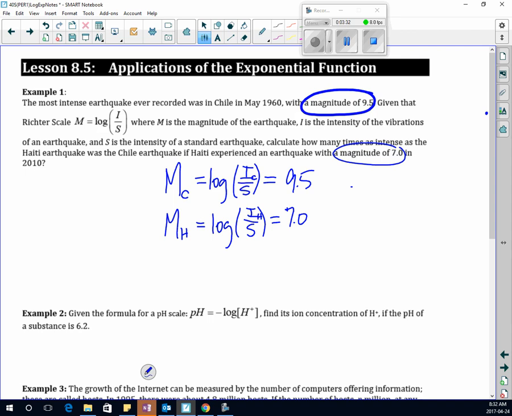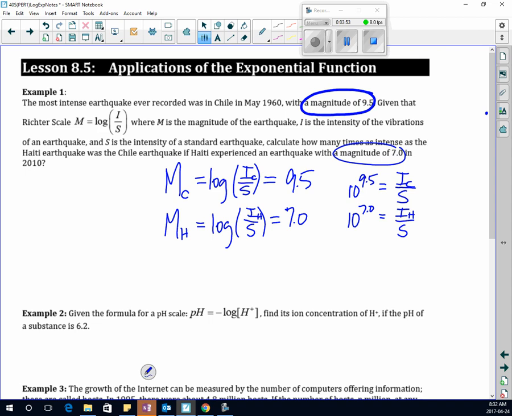Okay, so now I'm going to change it into exponential. So 10 to the power 9.5 equals I, the intensity of the Chilean, over S. And this one is 10 to the power 7.0 is equal to the intensity of the Haitian over the standard.